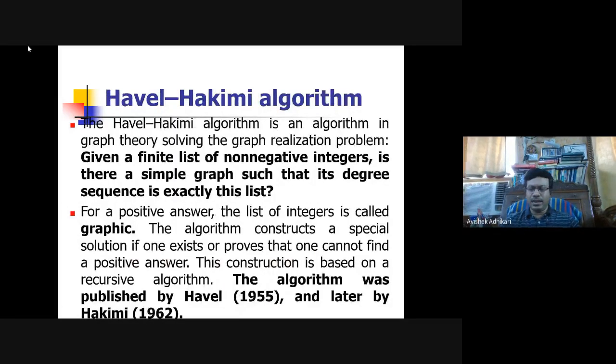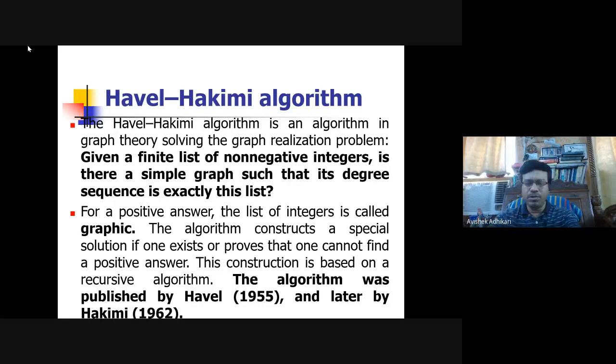And that is the last topic of the syllabus, and that is known as the Havel-Hakimi algorithm or theorem. It says that suppose you are given a finite set of non-negative integers. The question is, can you find a simple graph such that its degree sequence is exactly the list?